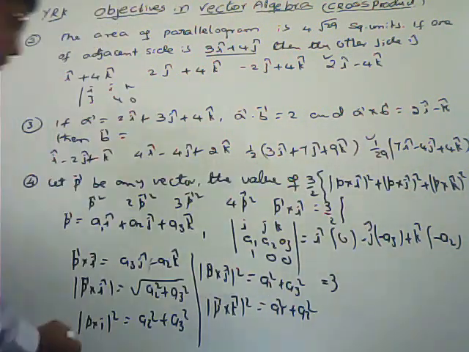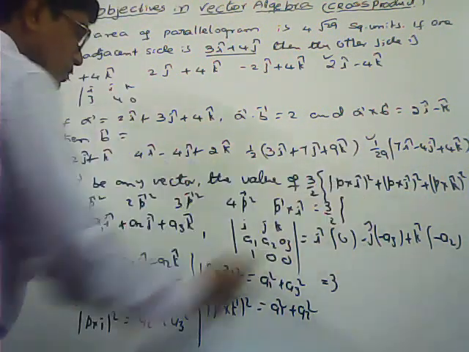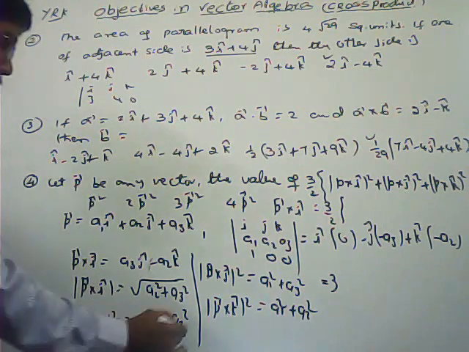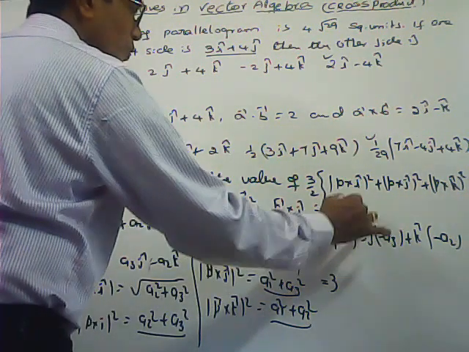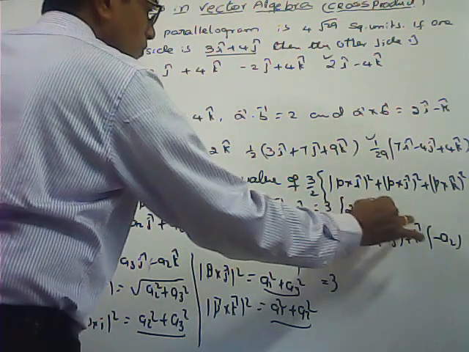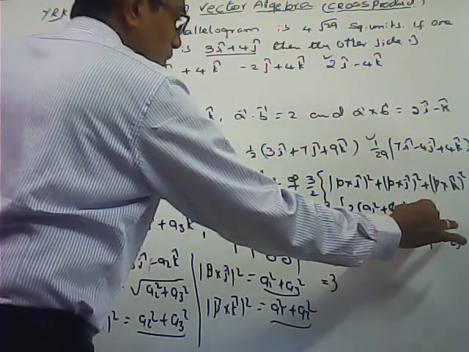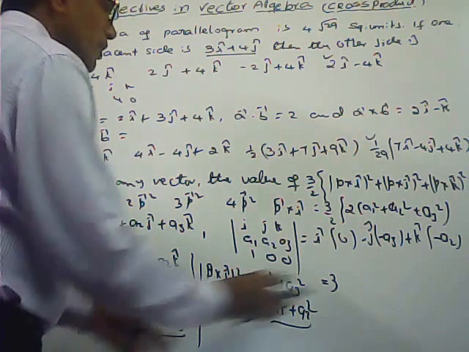Here, how much are we getting? By adding these three, each one is repeated twice, so 2 into a1 square plus a2 square plus a3 square. So here 2 gets cancelled.